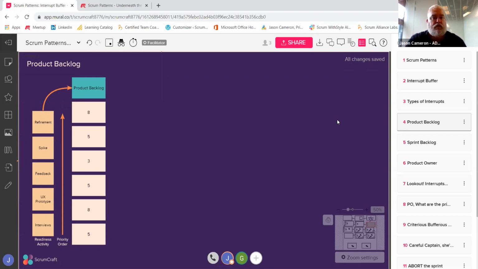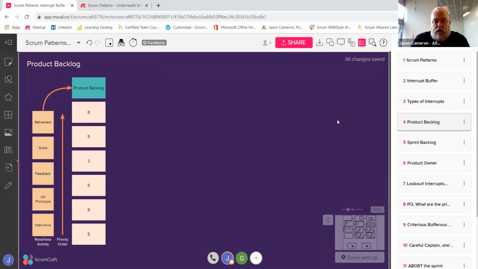We might do customer interviews, UX prototyping, get feedback from the business, or conduct spikes to investigate something or to prove a hypothesis. The team might do refinement. All of those sorts of things lead to us creating the product backlog.